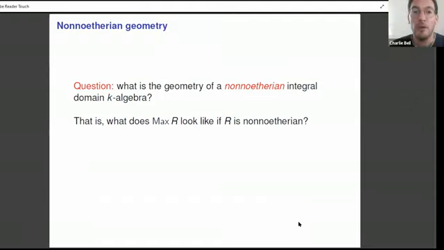So the question is, what is the geometry of a non-Noetherian ring? The motivation for this is, remember from yesterday, the centers of the non-cancellative dimer algebras were non-Noetherian, and the Gorenstein algebras corresponding with these also had non-Noetherian centers.